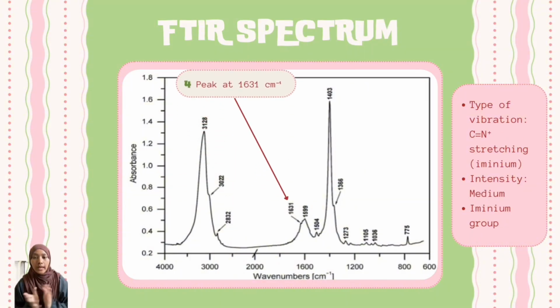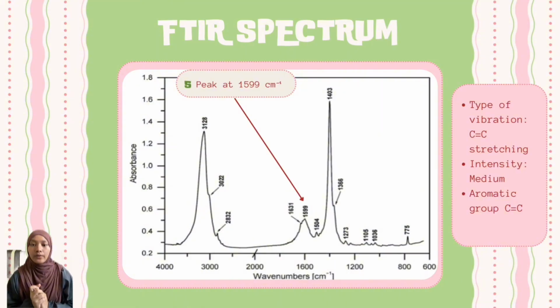Next, at 1631 per centimeter, we observe iminium C=N+ stretching. The vibration is characteristic of the positively charged nitrogen atom present in berberine. The peak has medium intensity, indicating a moderate dipole change during vibration.